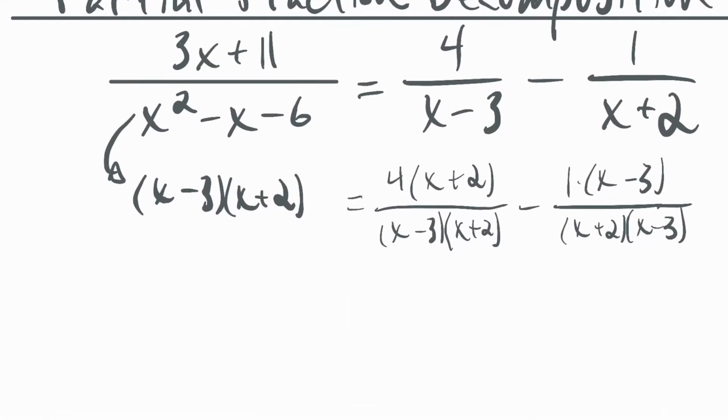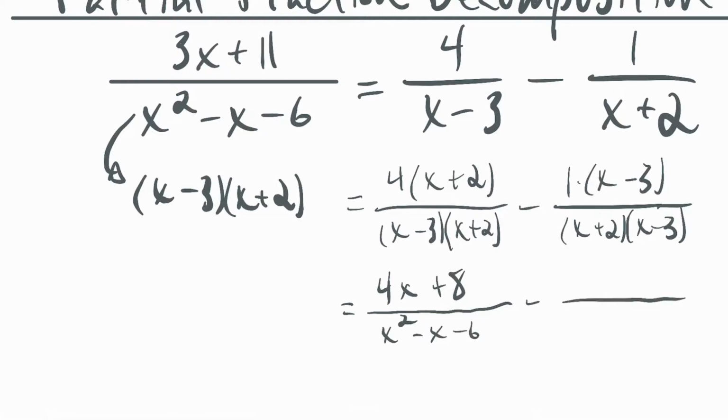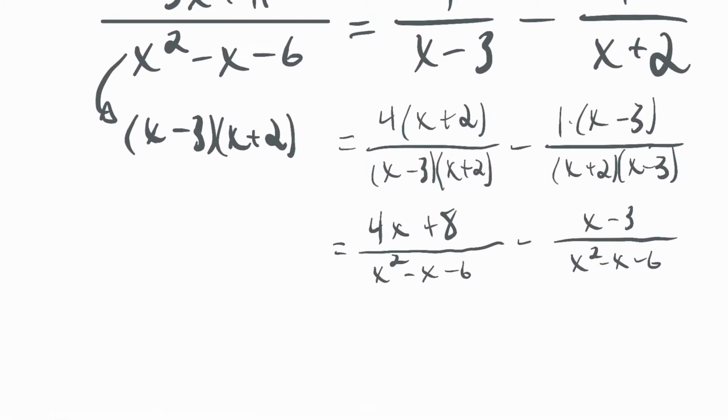Plus parentheses. So now in the numerators, if I distribute I get 4x plus 8 over, and I could cut corners and just write LCD, but I'll leave it this way, x squared minus x minus 6, minus the big fraction x minus 3 over x squared minus x minus 6. And now since I have a common denominator, I can add the two numerators together.